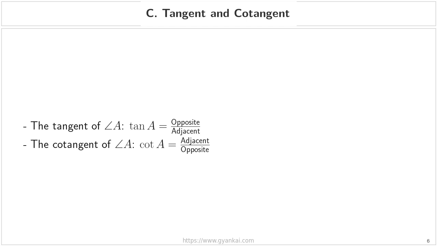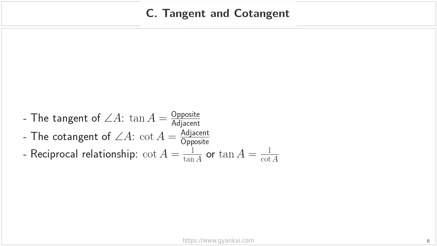We define cotangent of A as the length of the adjacent side divided by the length of the opposite side. Because these two ratios are just upside-down versions of each other, they share a reciprocal relationship. This means that cotangent of A is equal to 1 divided by tangent of A, or, if you prefer to look at it from the other direction, tangent of A is equal to 1 divided by cotangent of A.